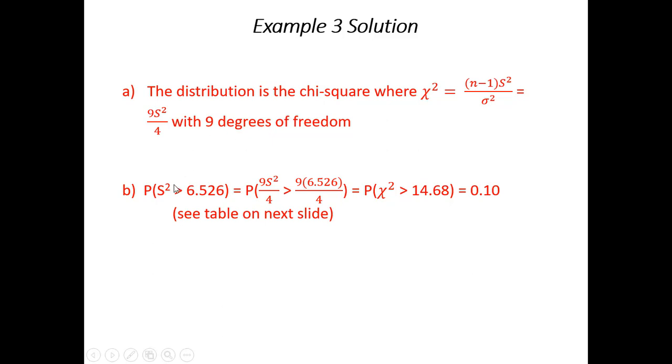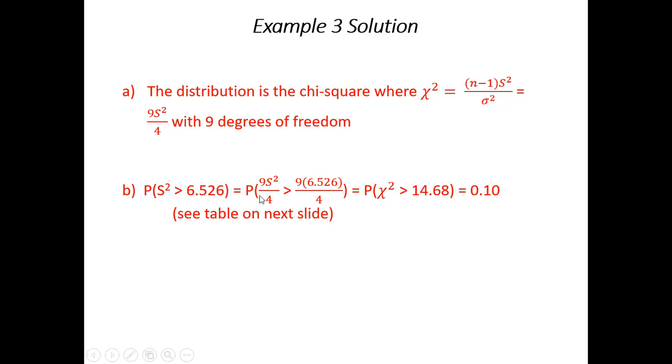Now in part B, we want to know the probability that a sample variance is greater than 6.526. Okay, so we want to convert this into this chi-square value. So we could multiply by 9 and divide by 4.